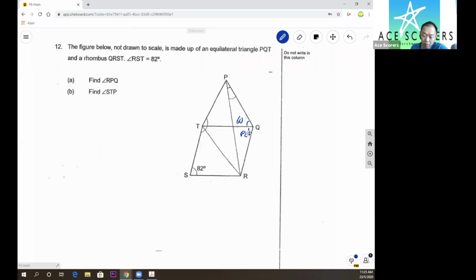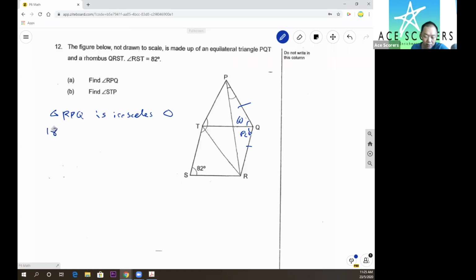Okay, RPQ, you need to take note that triangle RPQ is an isosceles triangle.